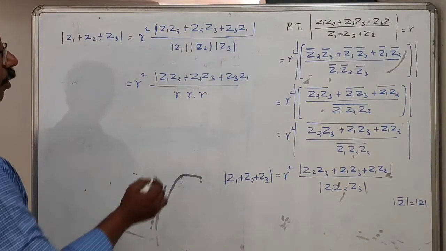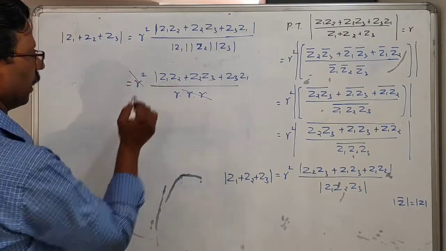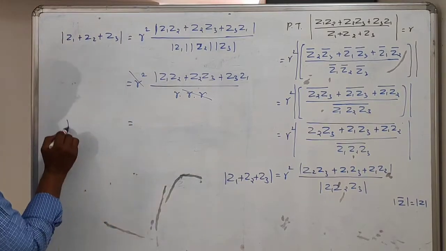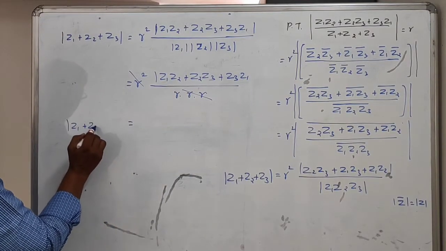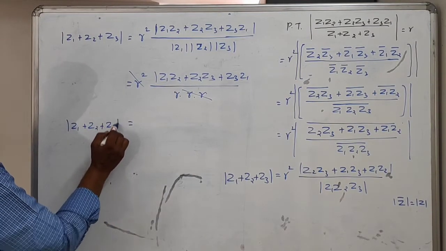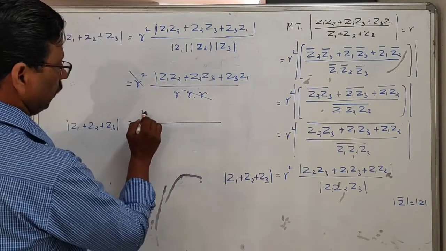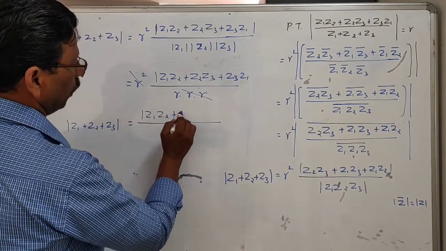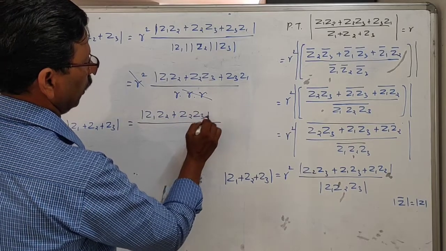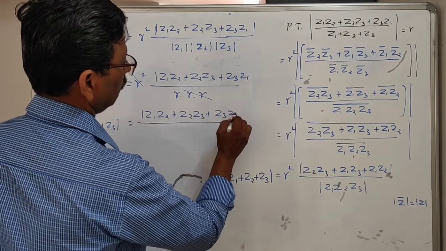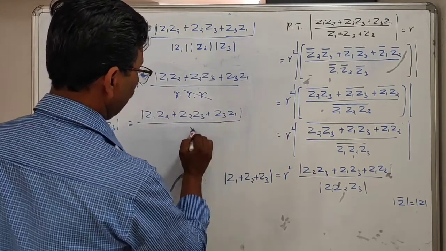Now if you cancel, you can get this and this getting cancelled. Then last we are getting modulus of Z1 plus Z2 plus Z3, which is equal to, what is this side? Modulus Z1 Z2 plus Z2 Z3 plus Z3 Z1 by R you can get.